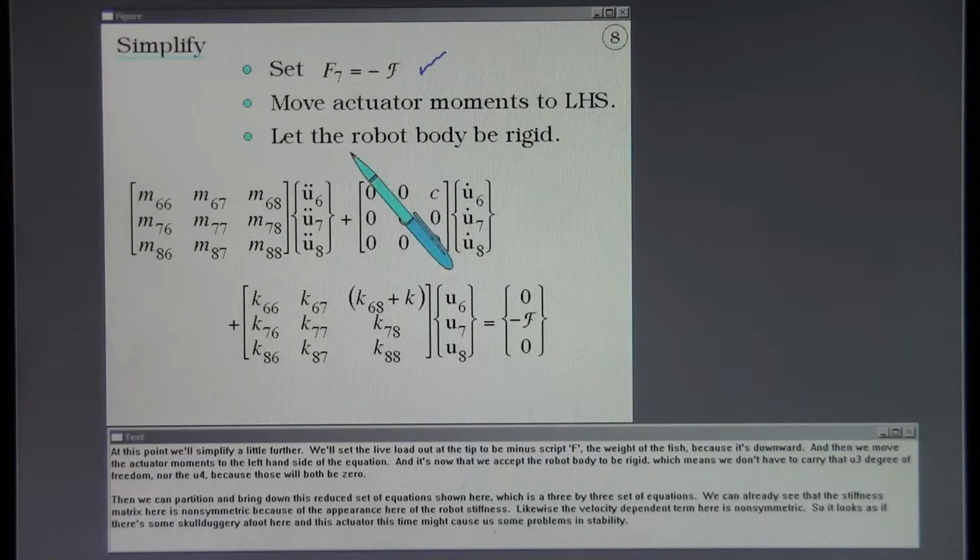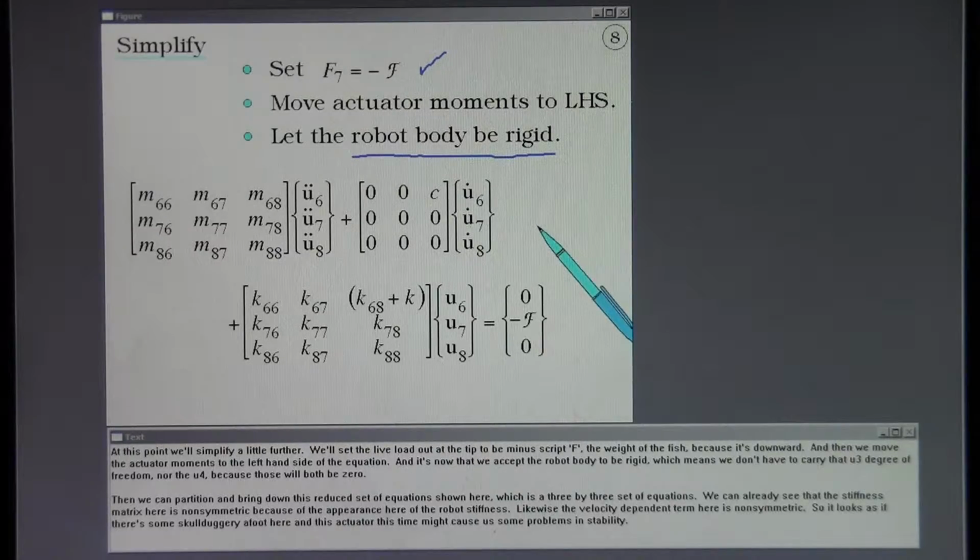And it's now that we set the robot body to be rigid, which means that we don't have to carry that U3 degree of freedom, nor the U4, because those will both be 0. Then we can partition and bring down this reduced set of equations shown here, which is a 3x3 set of equations.